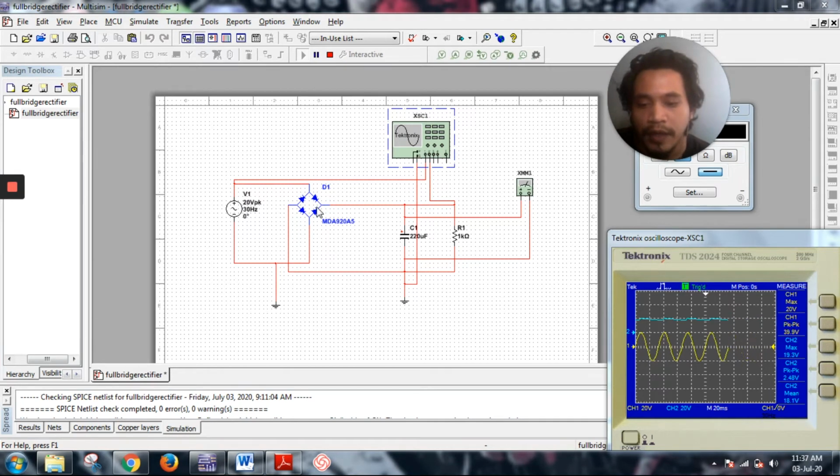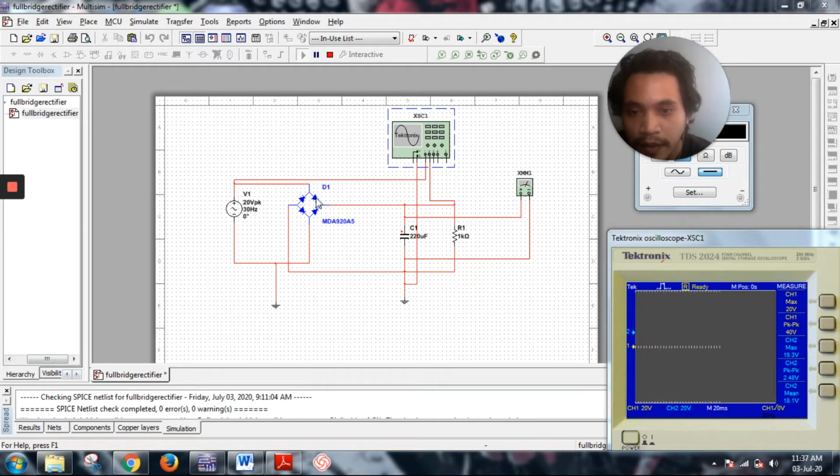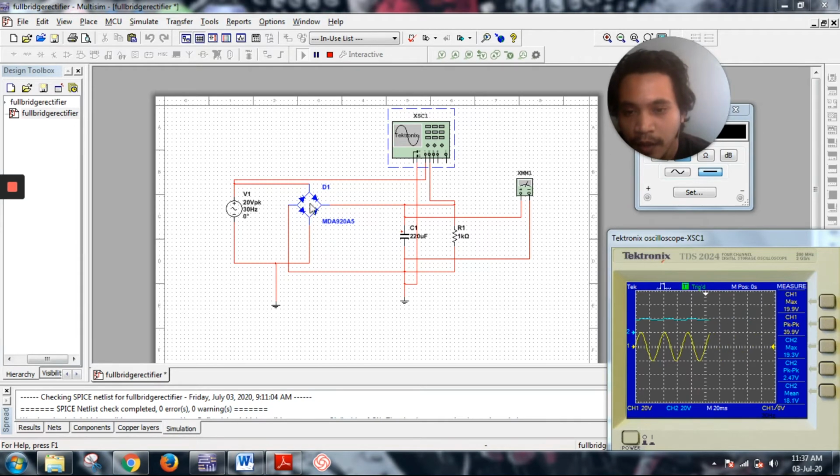So I'm going to explain to you the positive half cycle. Diode 1 and diode 2 are in series, while diode 3 and 4 are reverse biased. So when the current transfers through, these two diodes will allow the current, and these two are reverse biased.